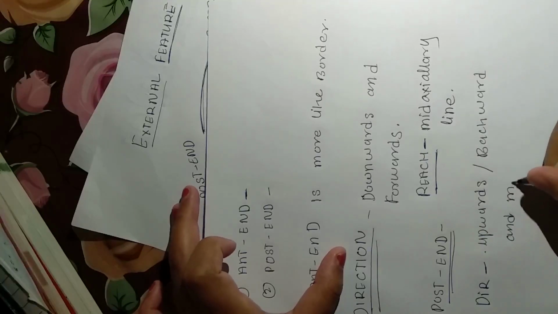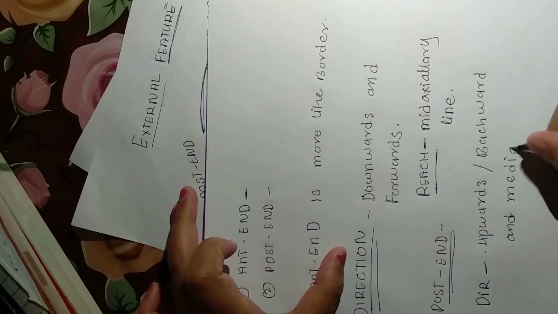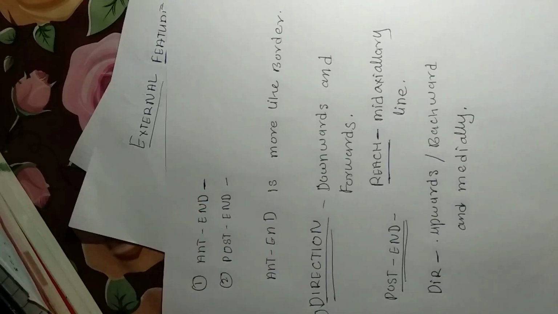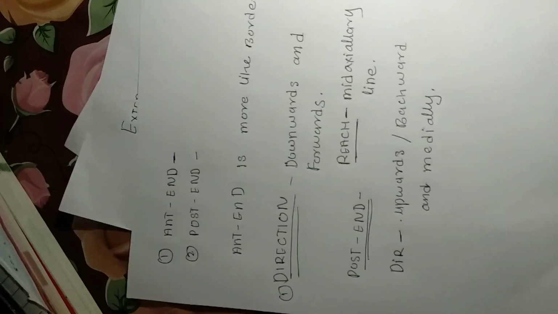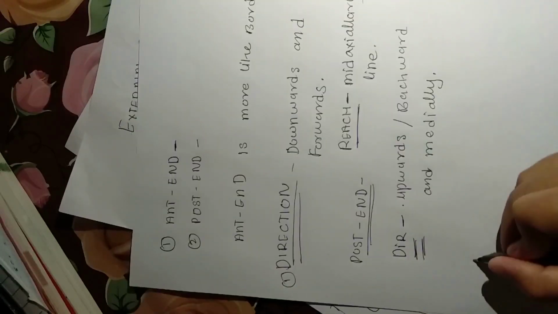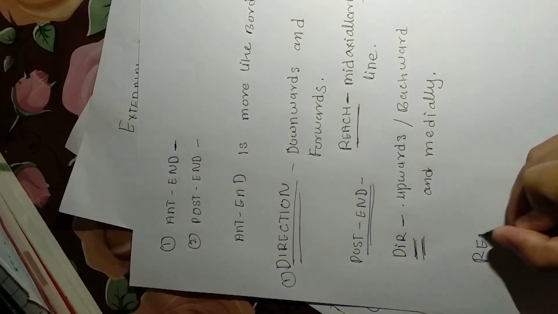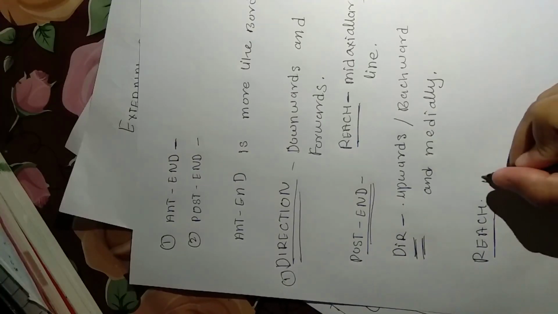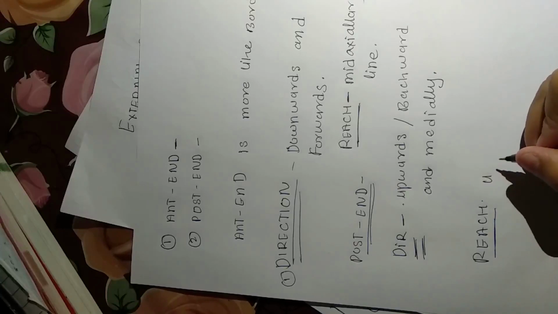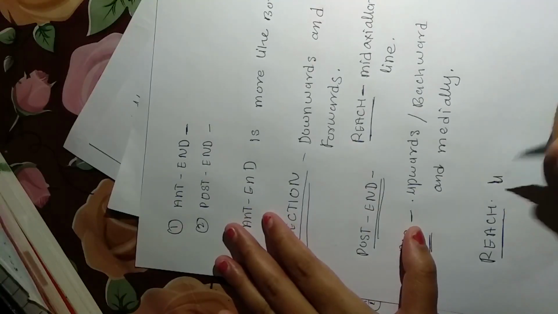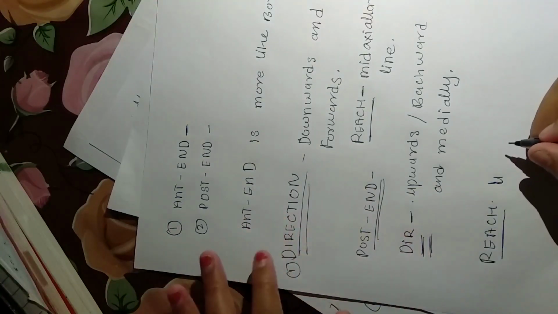Upward, backward and medially. Now where does it reach? It reaches the upper pole of the left kidney, because the spleen is on the left side.